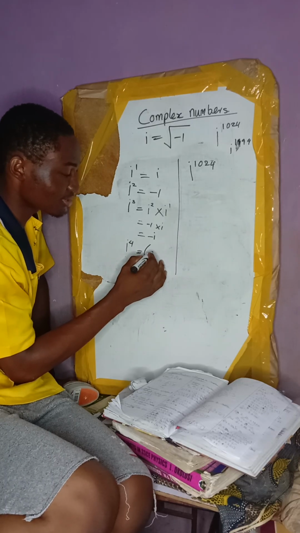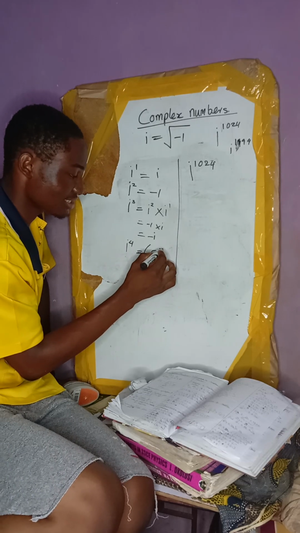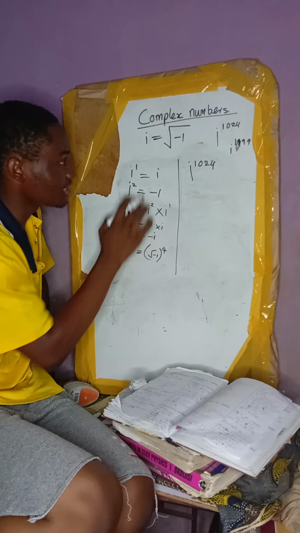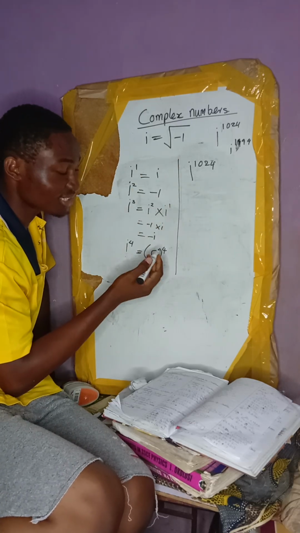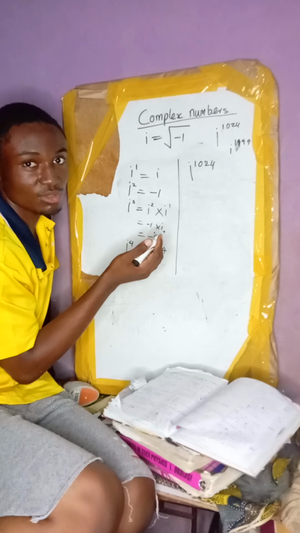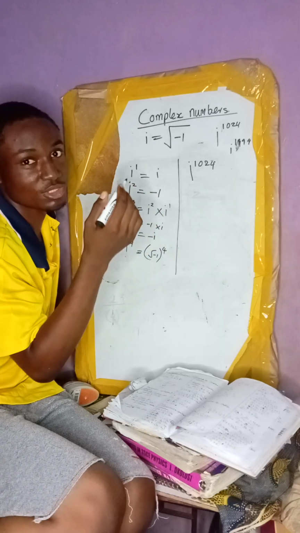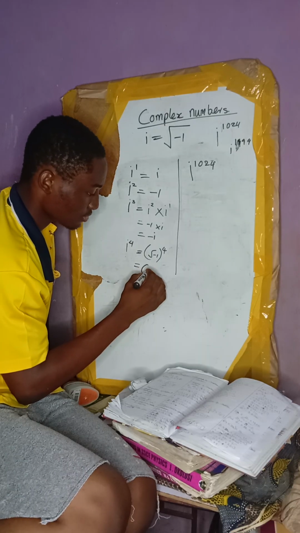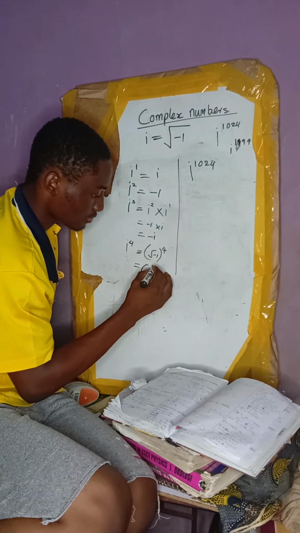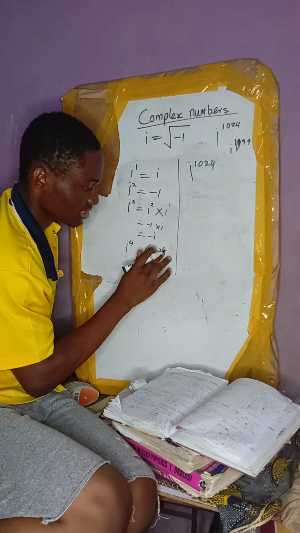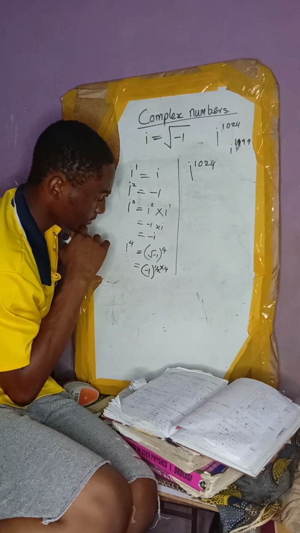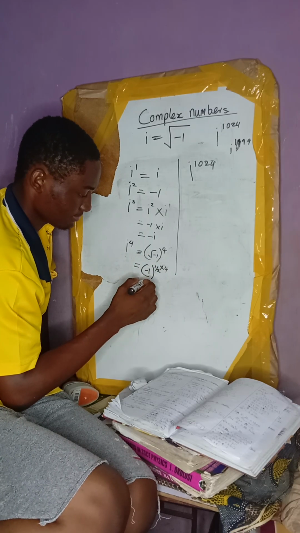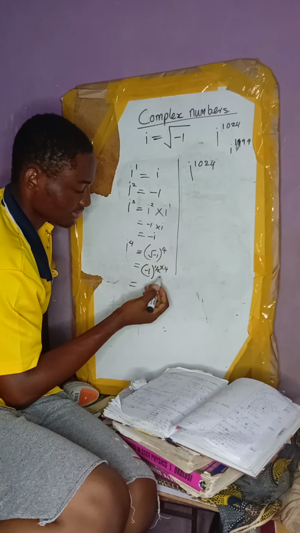Since it's an even number, we can just bring the root of negative 1 back and give it the power. So we can just replace the i here with the root of negative 1. We know that square root means raised to power 1 over 2. So we'll change that here to minus 1 raised to power 1 over 2. And since this is here, we'll multiply it by 4, normal indices. 1 over 2 times 4, that is 2.